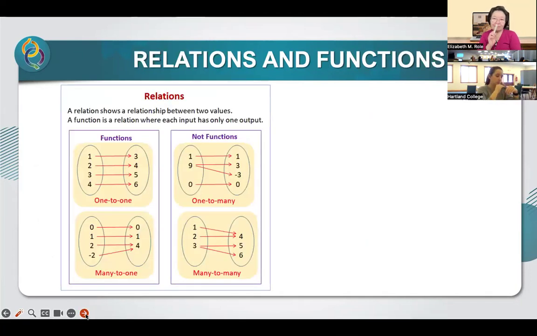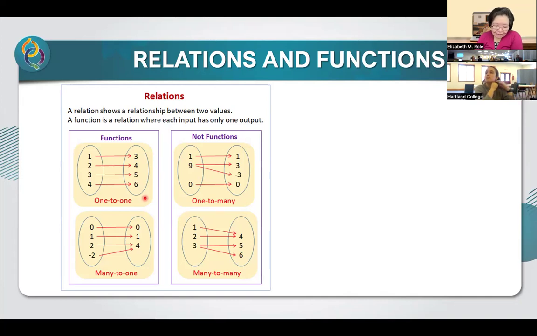Okay, so maybe it's better to have some examples. Let's look at this mapping. You notice that in the first one here, this is a function because each input is associated with only one output. And because the four inputs go to 4 different outputs, we call this function 1-to-1: one input to one output.